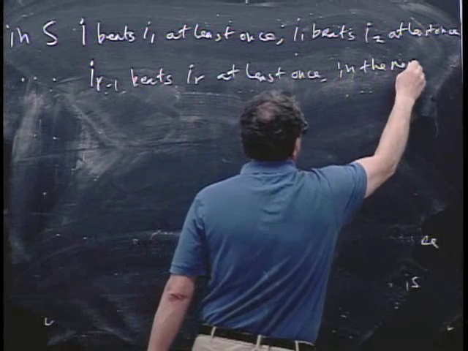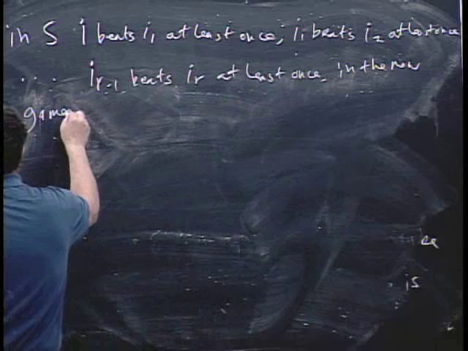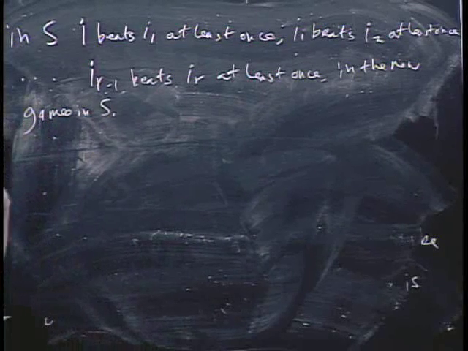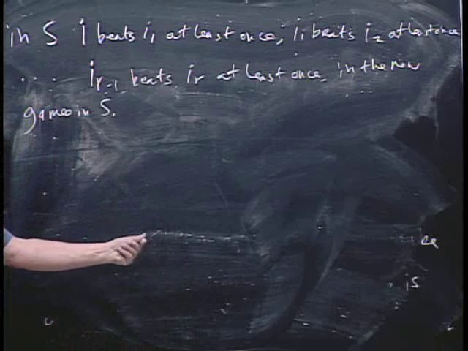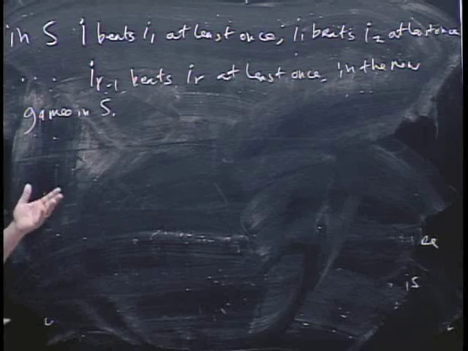In the new games in S, because we're going to change the outcomes. We're going to go from S to some other scenarios, and we can't do that in the old games. The outcomes of the old games are fixed.